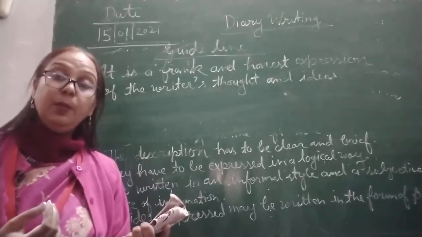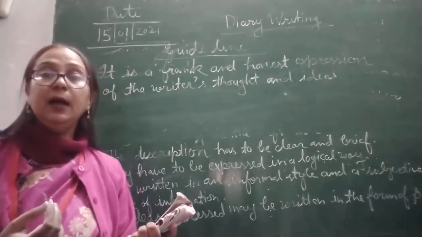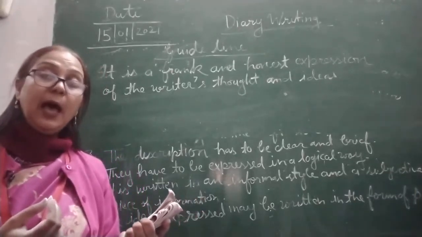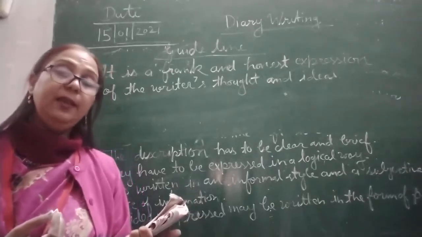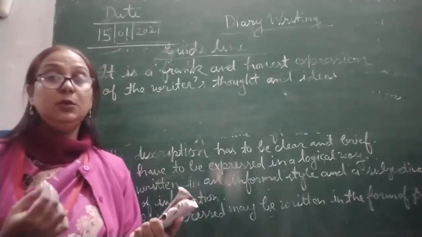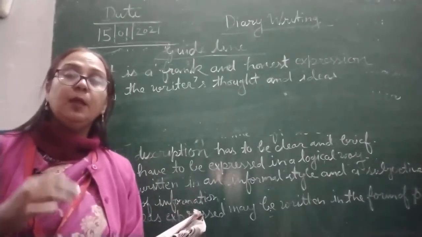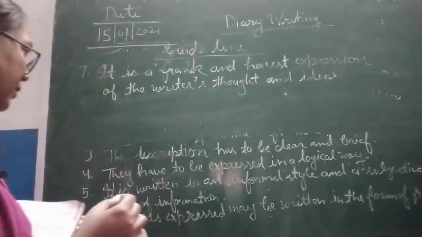So this is very important. Whenever you turn the pages after a few years, you can see how bad or how good the situation was in your life. So it is very important that you should be very honest, because it is your personal account. You should be very honest whenever you are writing a diary entry.